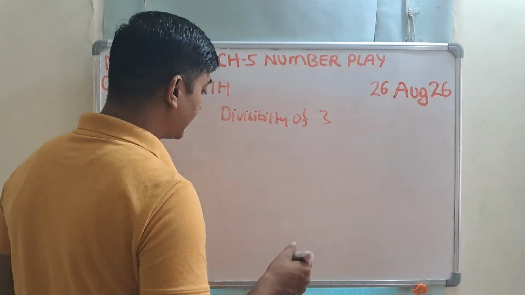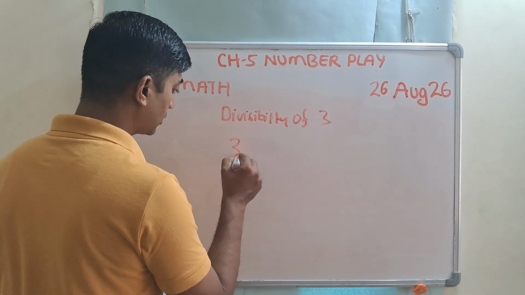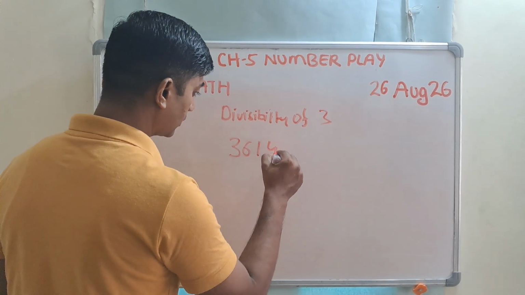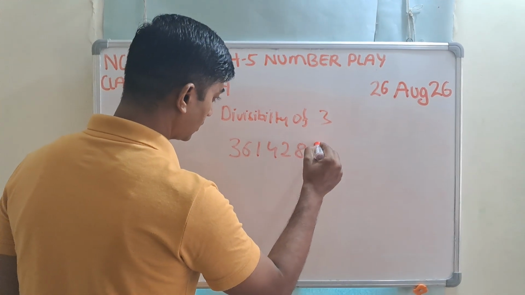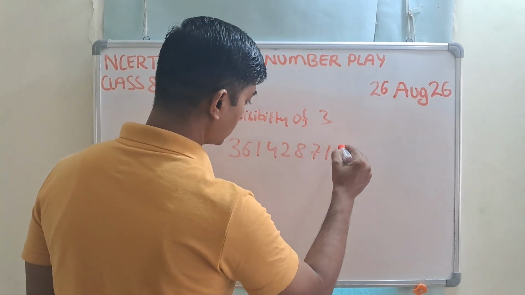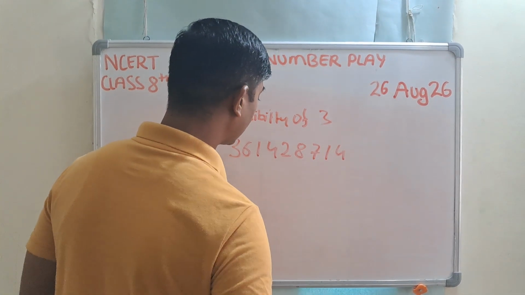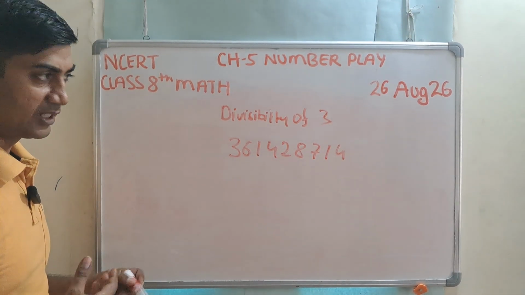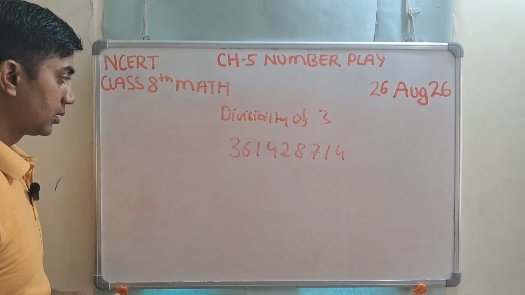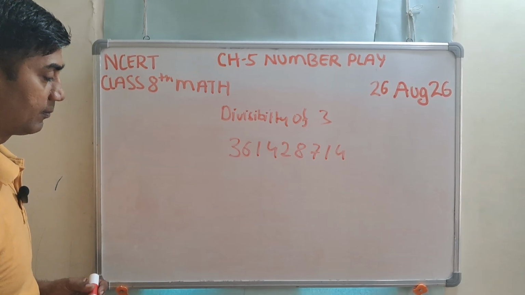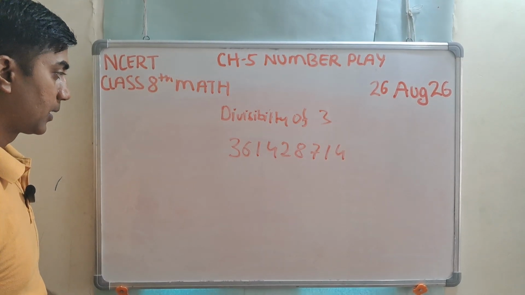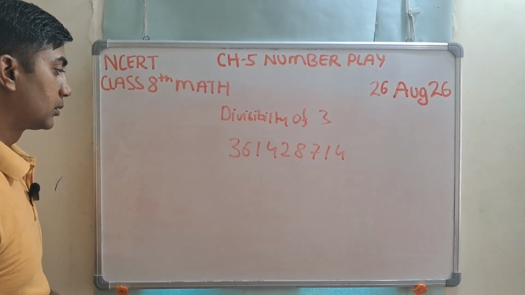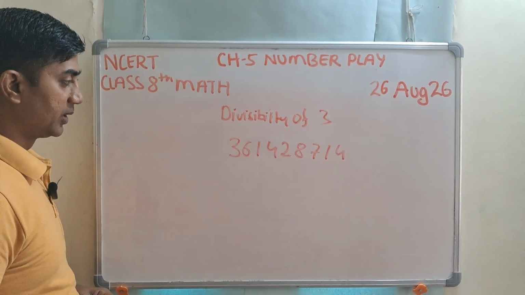Now let's take any random number. Now we have taken this number. This is a little bit larger number, and since we have to split this number, we'll split this number.